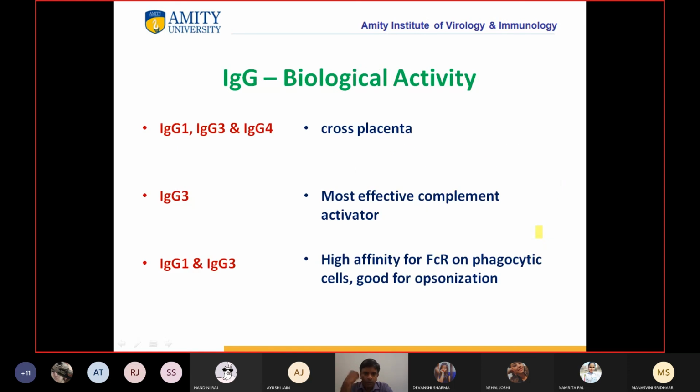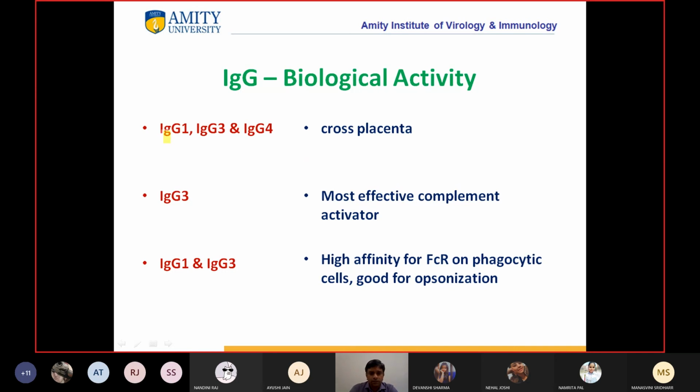Now what is the role of IgG? We need to understand its biological activity. A very important role: I think we have also discussed earlier that some of these immunoglobulins can cross the placenta and provide protection to the fetus, and sometimes it can also create problems for the fetus, as happens in erythroblastosis fetalis, but it is basically for protection, right?